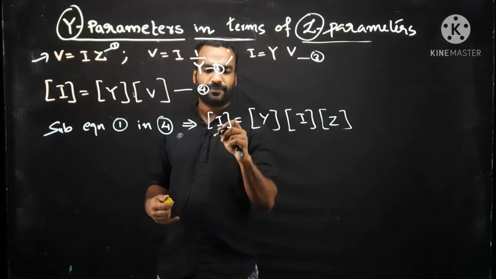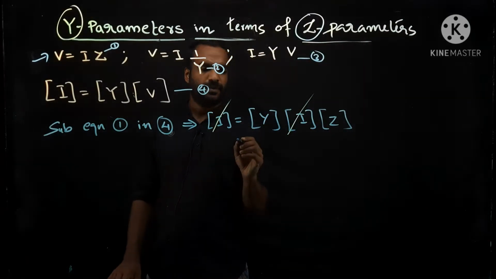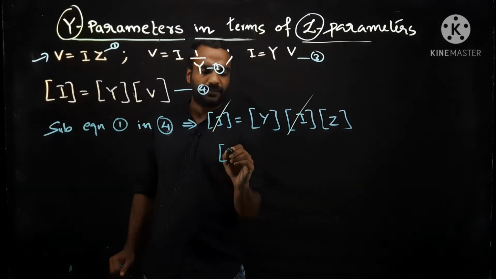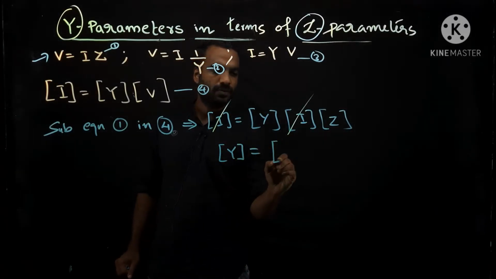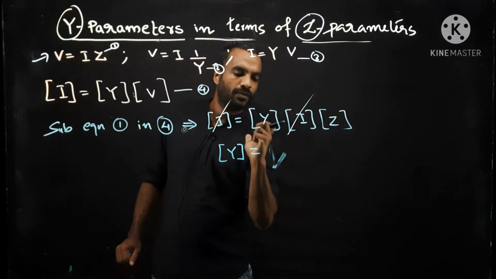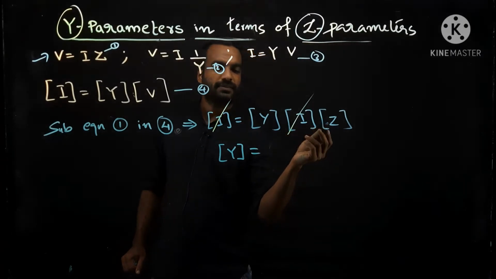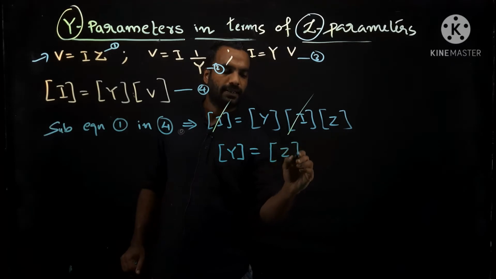So let me cancel this I and this I, so that matrix Y is equal to, what is this? 1 by Z, or otherwise we can write it as Z inverse.